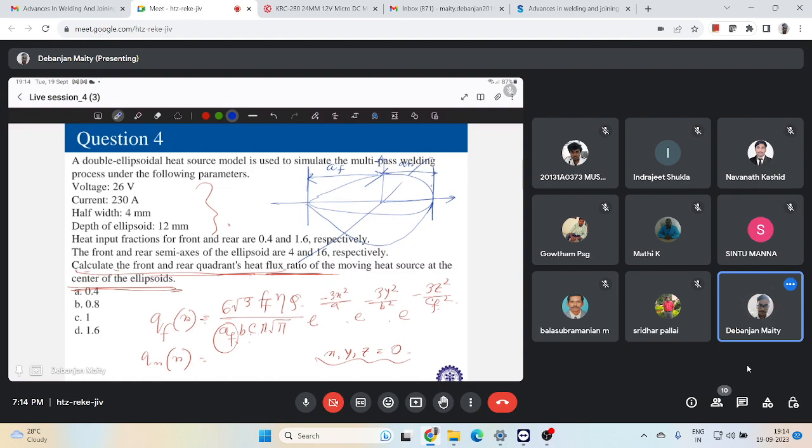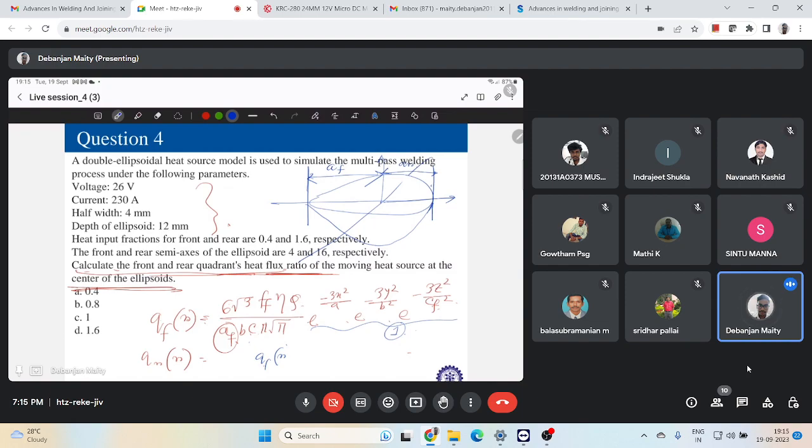Anyone trying? So what will be QF if x, y and z are equal to 0? This will be simply 1, right?